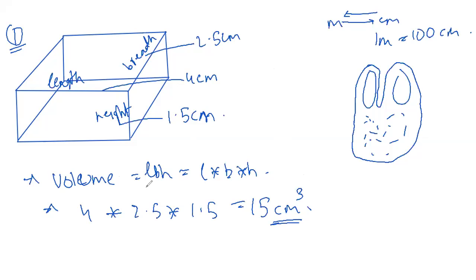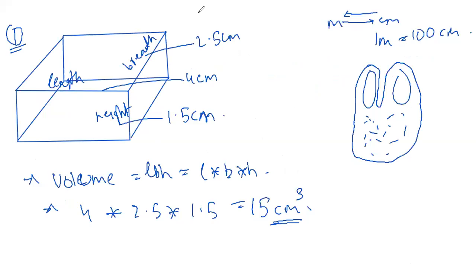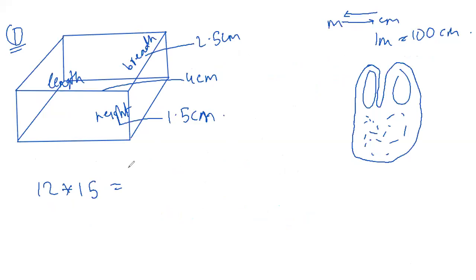Okay, so the final statement asks what will be the volume of a packet containing 12 such boxes. Once we have found the volume of a single matchbox, we'll go to the second part of the question, that is, we have to find the volume of 12 such boxes. So we'll do 12 boxes into the volume of one matchbox, that is 15 centimeter cube, which will be equal to 180 centimeter cube.